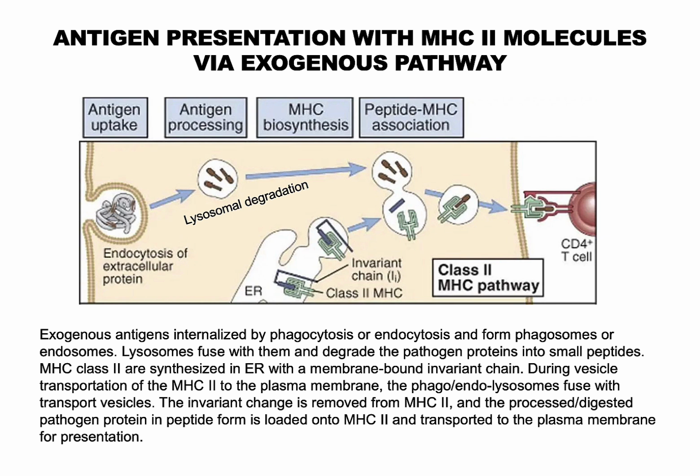Class II MHC molecules bind peptides derived from exogenous antigens internalized by phagocytosis or endocytosis and processed within the endocytic pathway. APCs can internalize antigens by phagocytosis and/or endocytosis. Macrophages do both. B cells use receptor-mediated endocytosis.